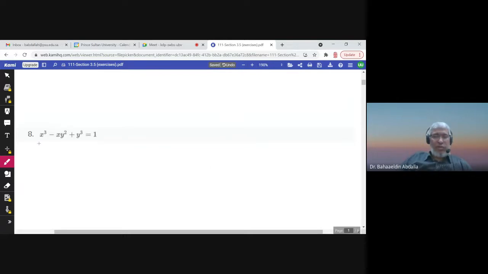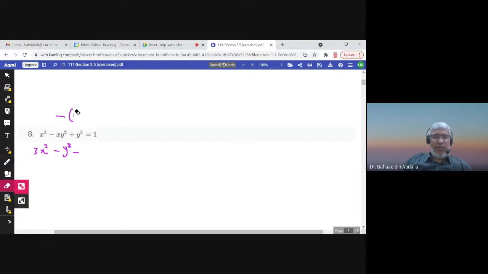Another question, derivative of x cubed is 3x squared. Here I have a product. The derivative of x is 1. There is a minus sign, so the two terms would be negative. Or you can just write, if you like, take the minus outside, okay, and write plus in the middle.